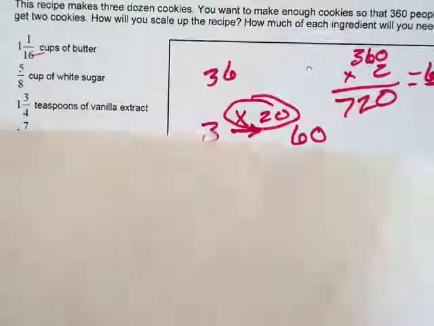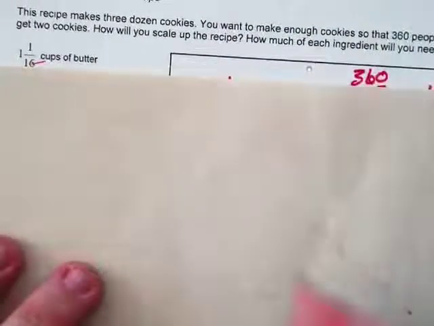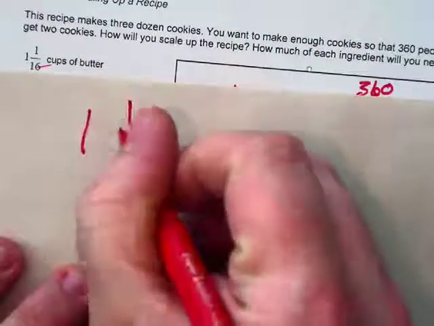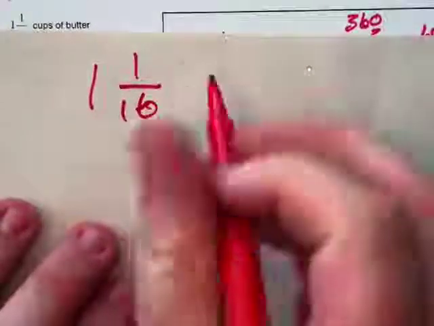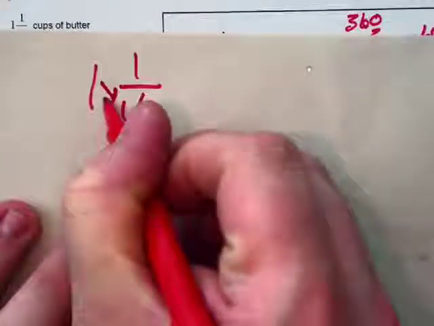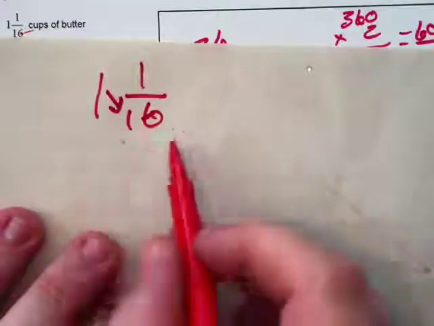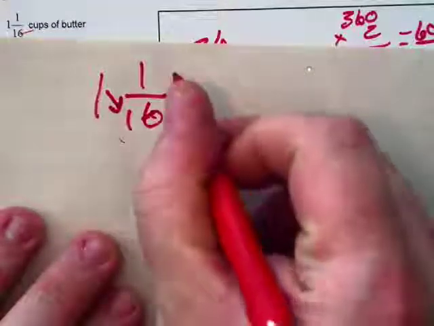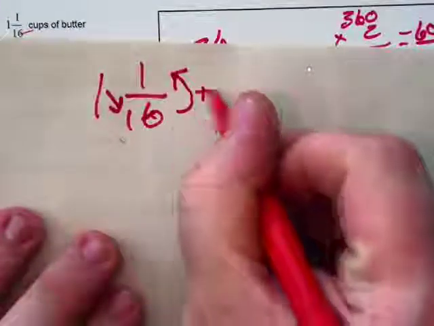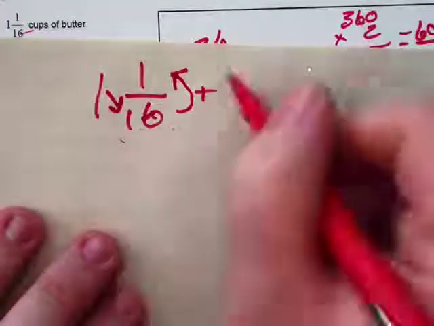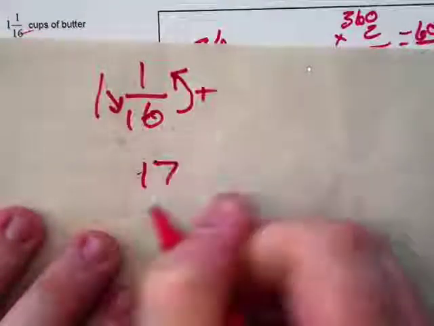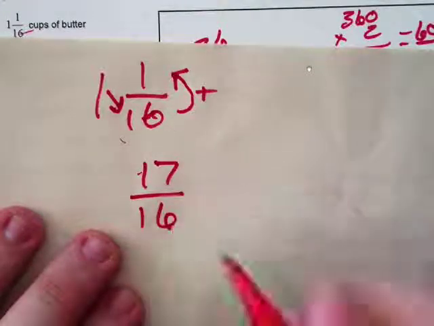You first start off by saying, okay, we have 1 and 1 over 16. To convert it, we multiply the whole number times the denominator, and that turns into 16, and then add the numerator. So 1 times 16 is 16, plus 1 is 17 over 16.